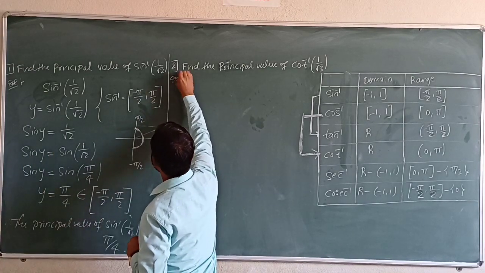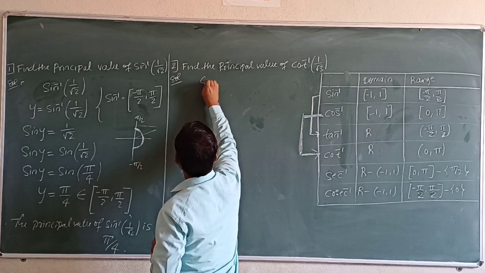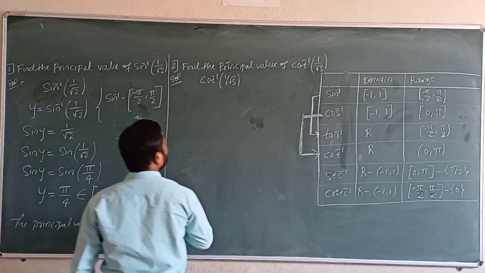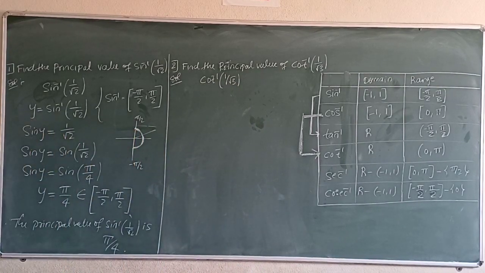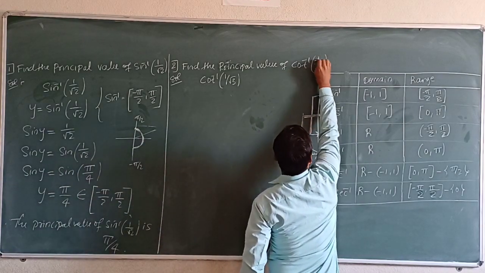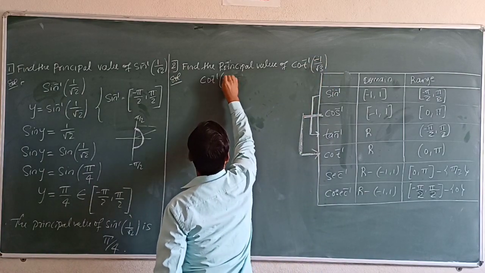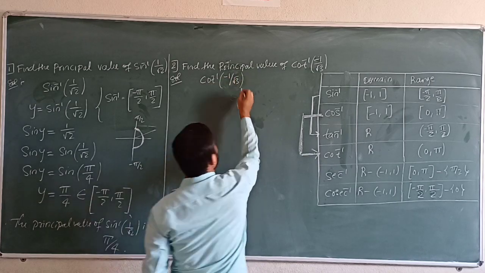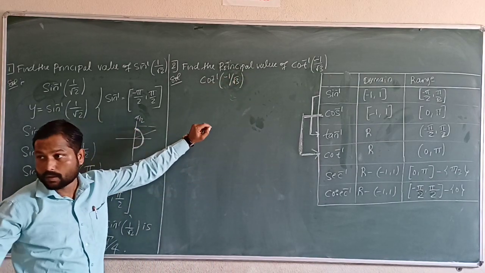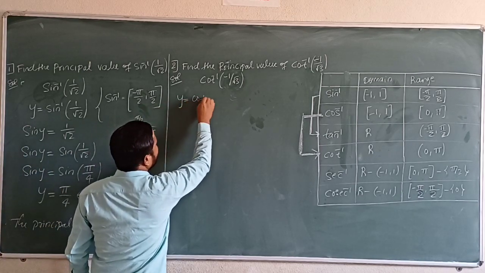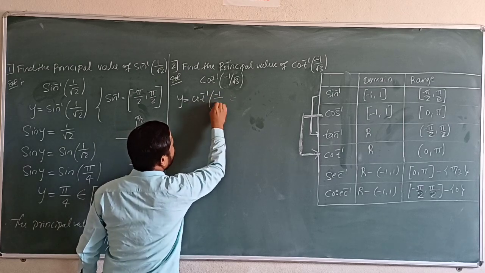Take the next solution: cot inverse of minus 1 divided by root 3.